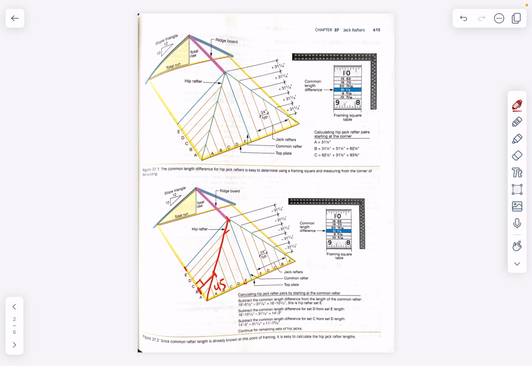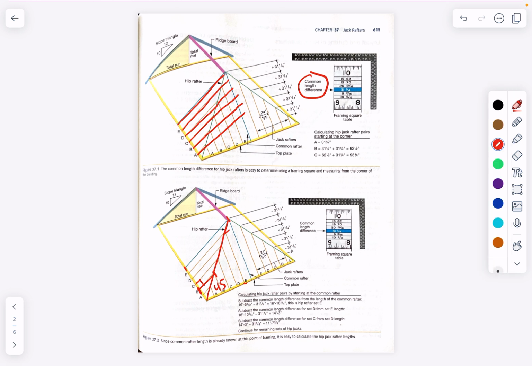The common length difference means, think of these as common rafters that extended the same length as this last common here. So they're all the same length.